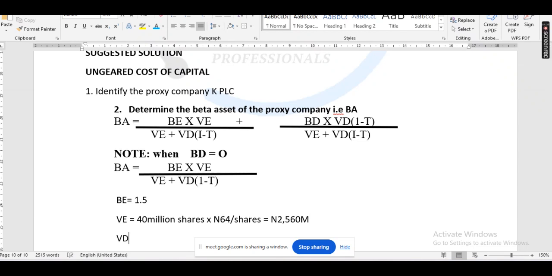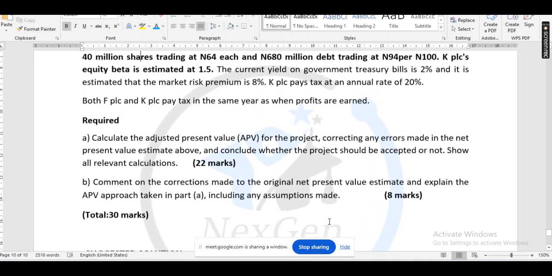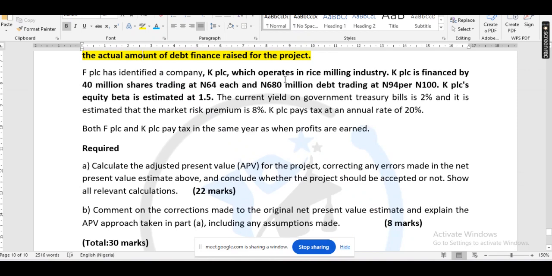So value of debt. We're given that the value of debt. Can you see it? I'm taking you back to cost of capital. Class, if you want to calculate the market value of equity, this is it. They did not give us the nominal. In another case scenario, these 40 million shares, they may not give you 40 million shares.